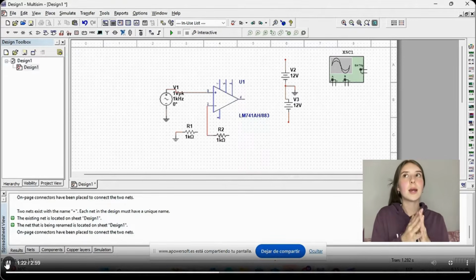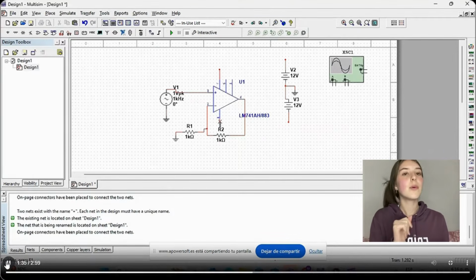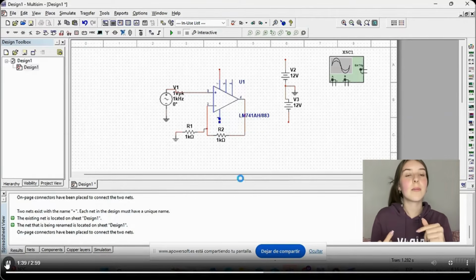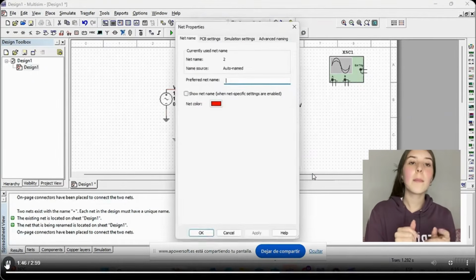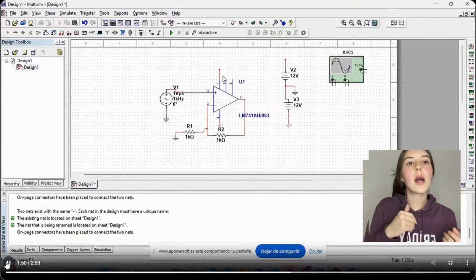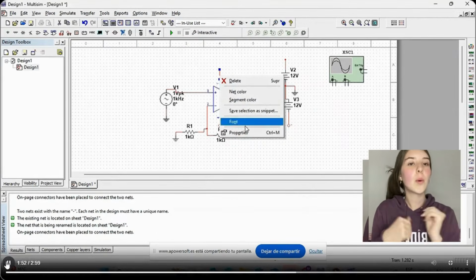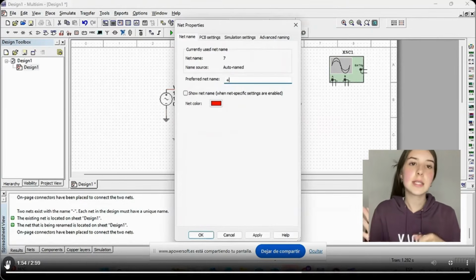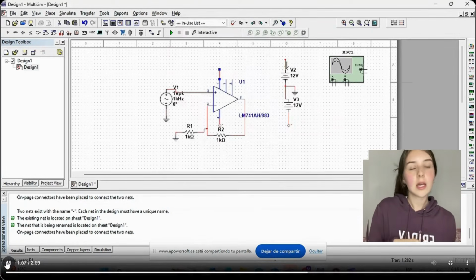Remember that the AC source we connect to the positive amplifier side, and then the output of the amplifier we connect to the other end of resistor 2 and resistor 1. Then we connect the positive side of the source as shown, and pin 4 we connect to the negative side in the same way.